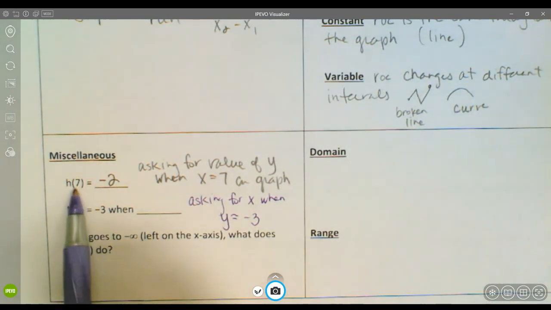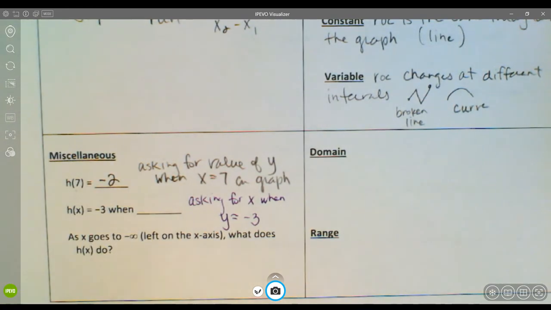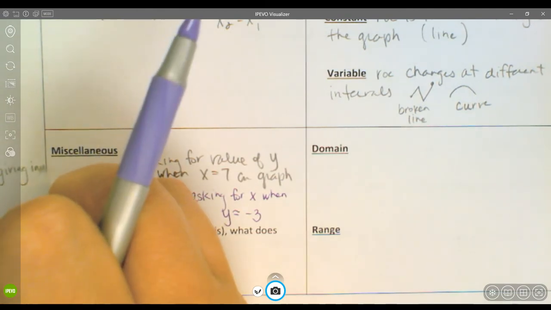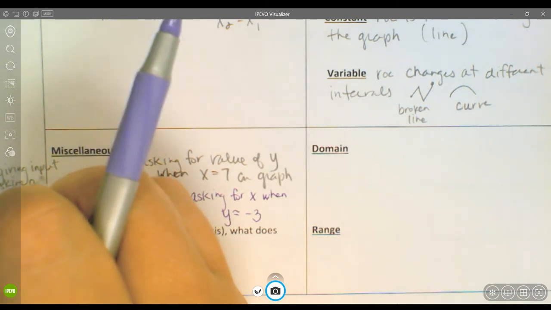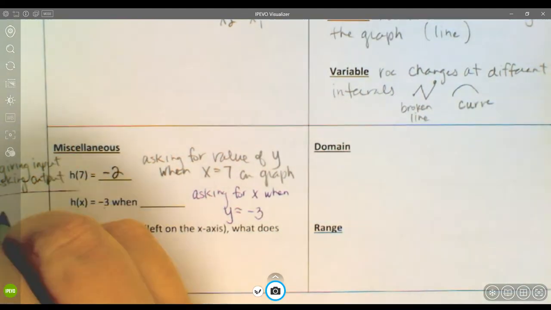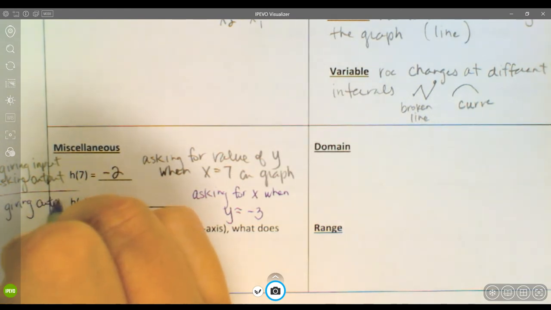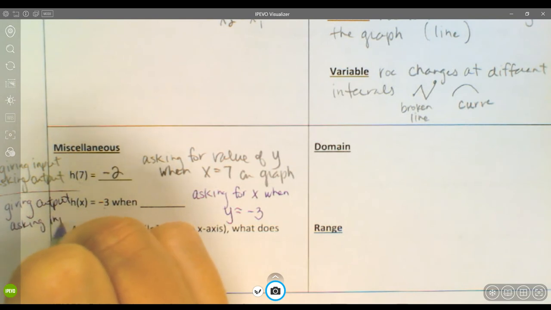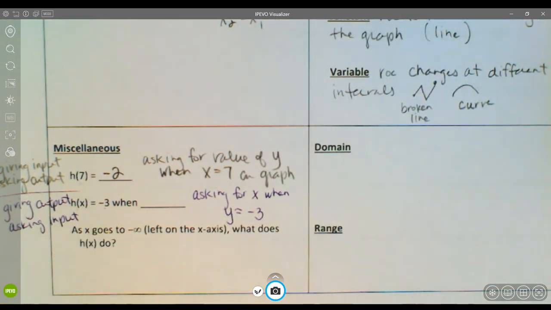In the top one, they're giving you the input and asking for the output. In this one, they're doing the inverse. They're giving you the output while they're asking for input. So let's find the value of x when y equals -3.